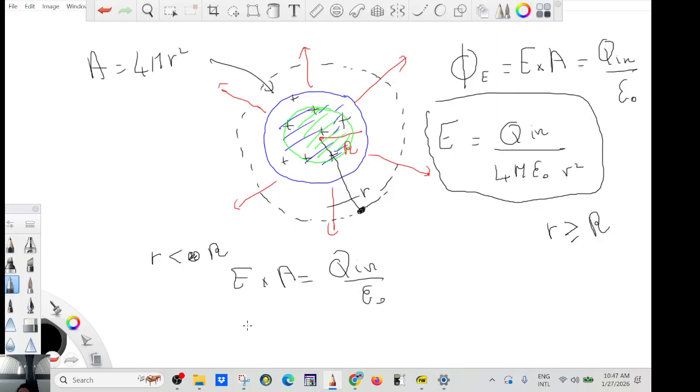Okay, so we have the electric field times the area, 4 pi r squared. But what is inside? Is there any charge inside? No. So what is the electric field inside? 0. So inside the conductor, there is no charge and there is no electric field.